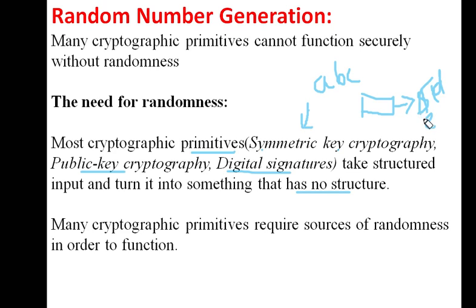So these we can call no structure, and the input we can call proper structure. And many cryptographic primitives require a source of randomness in order to make the function work.